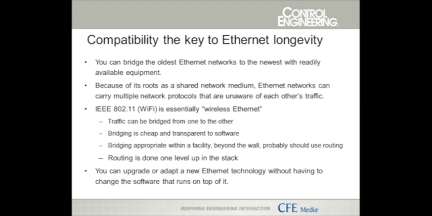In addition, because Ethernet was invented as a shared network where you could have multiple computers literally on the same wire, it was architected assuming that those computers might be running different networking software protocols, and they're unaware of each other's traffic.